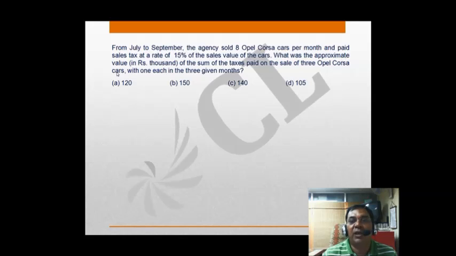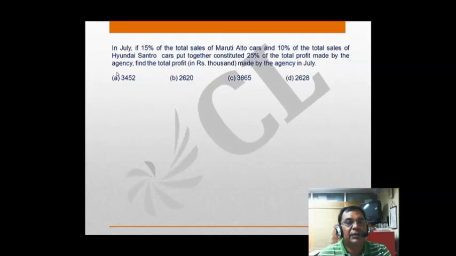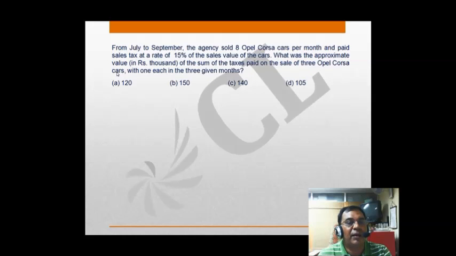I'll have to read the question again. That means I'll have to calculate every time the sale was given. So I'll have to divide by 8 and calculate each car's price, add all the prices and take out their 15%. So I have to go back.